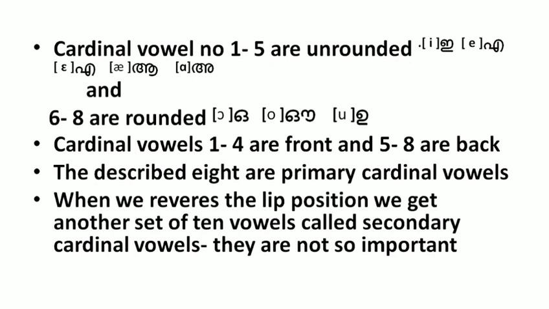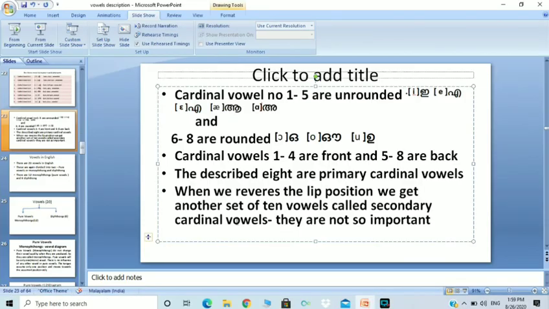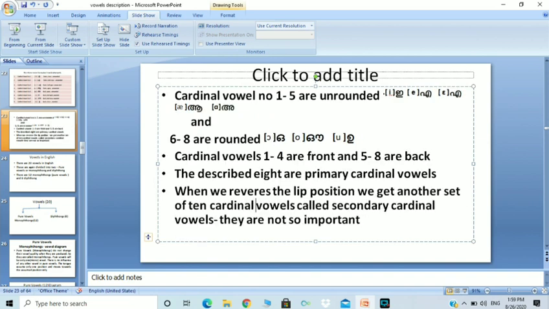When we reverse the lip position, we get another set of 10 cardinal vowels called secondary cardinal vowels. They are not so important, so we are not learning them here.